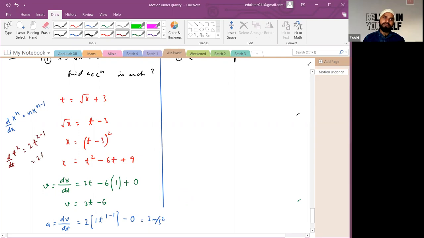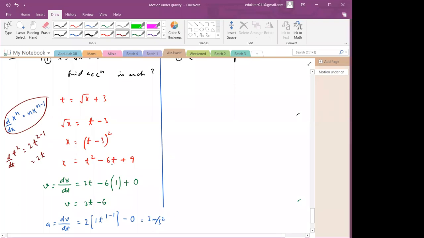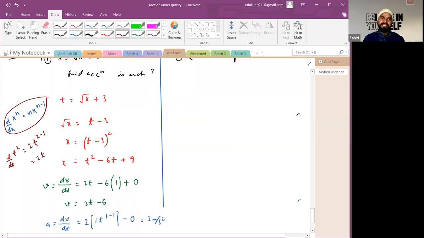So it will be 2 times t raised to 1 using this formula. Okay, sir. Similarly, in this part, we have t raised to 1. So on differentiating it, you will get t raised to 0, which equals just 1. So you will get 6 only. Is it clear? Yes, sir.